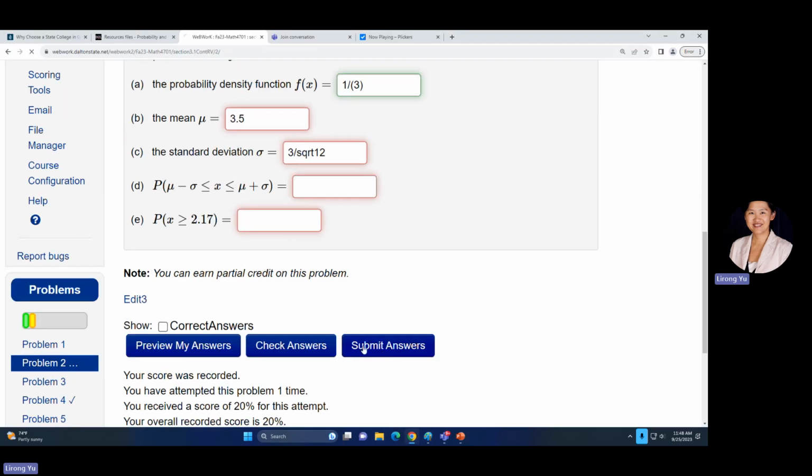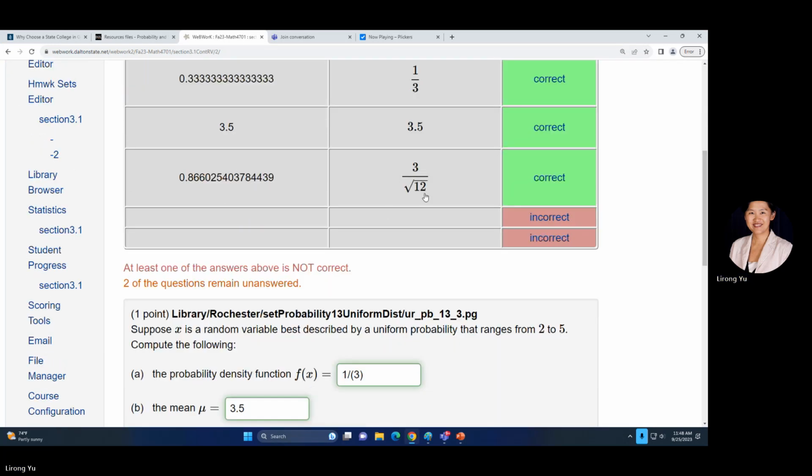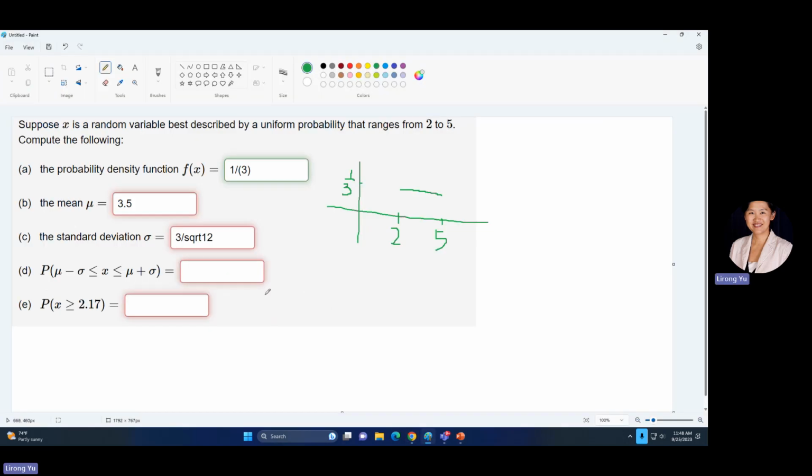Now I need to know the number for the standard deviation. The standard deviation is 0.866, so I'm taking that number. We calculate it. The mean is at 3.5.